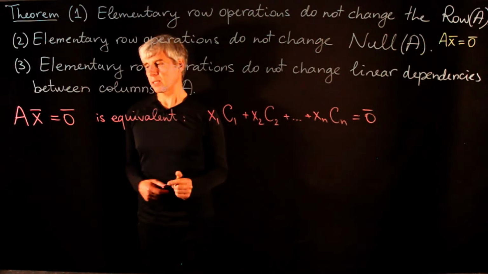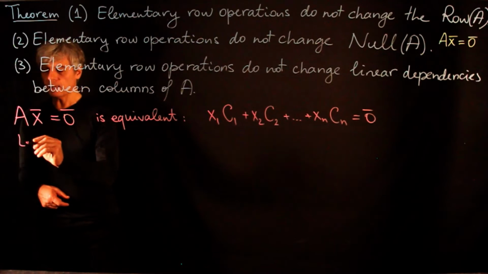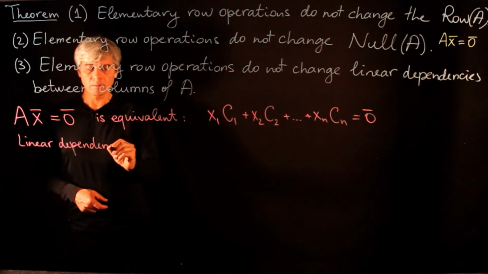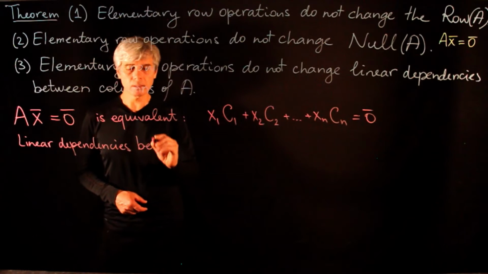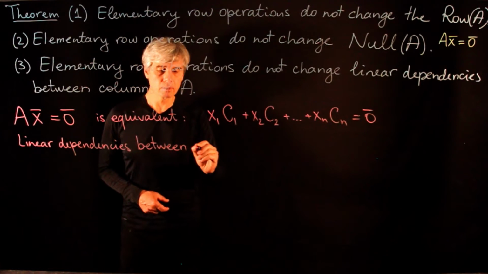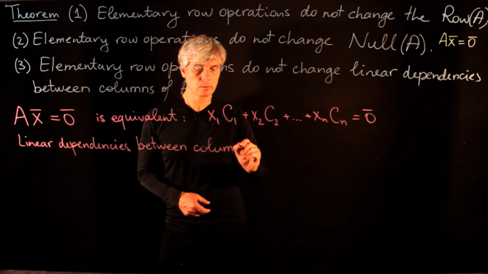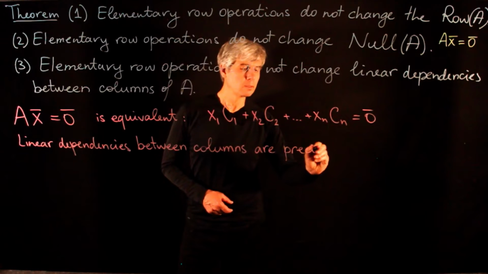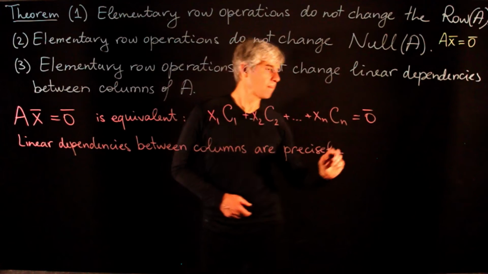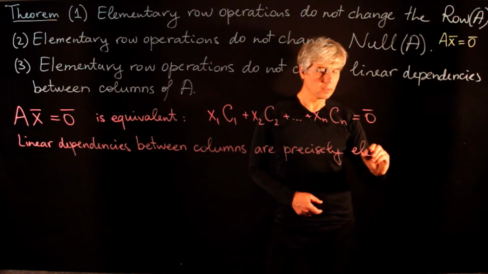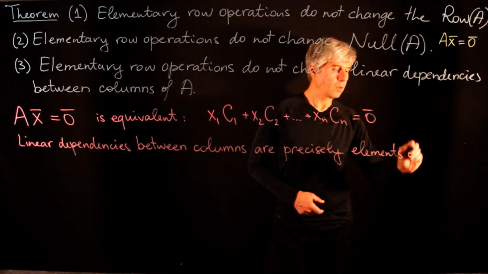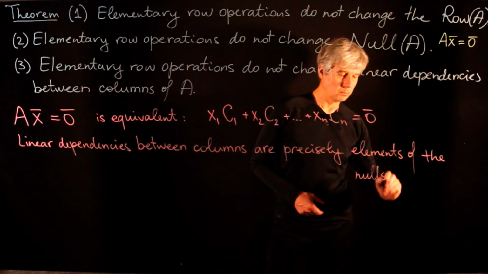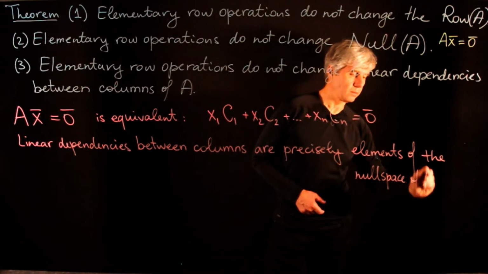So this equivalence tells us that linear dependencies between columns are precisely elements of the null space of A, right?